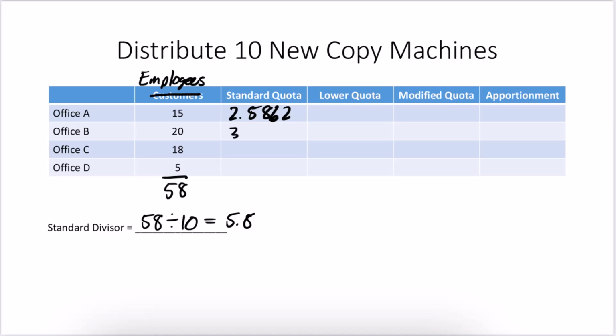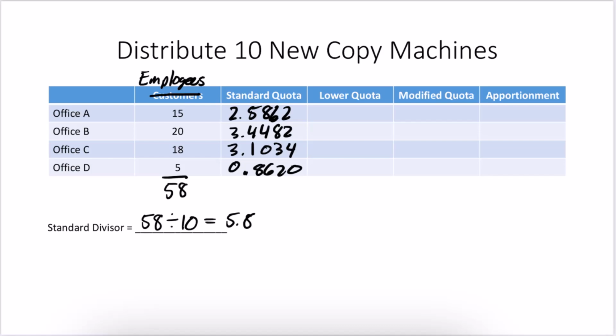That gives me 3.4482. And then I'll do 18 divided by 5.8. That gives me 3.1034. And then I'll do 5 divided by 5.8, which means that I get 0.8620. And so what this is telling me is how many copy machines should go to each office.